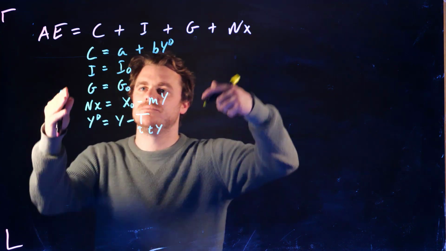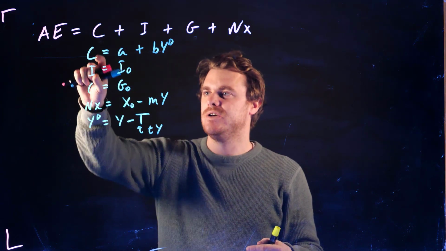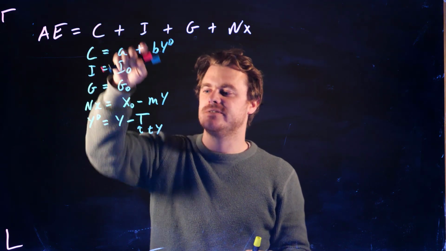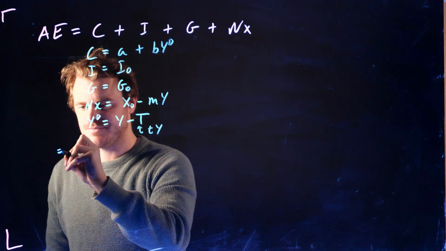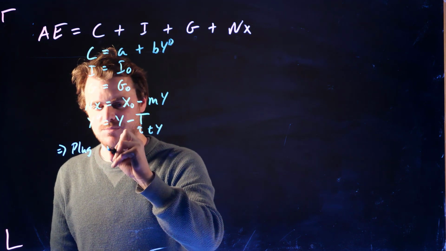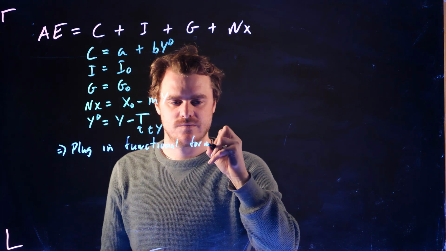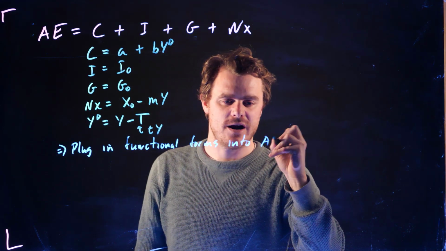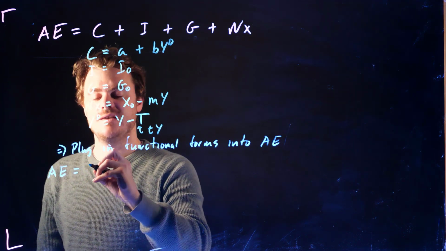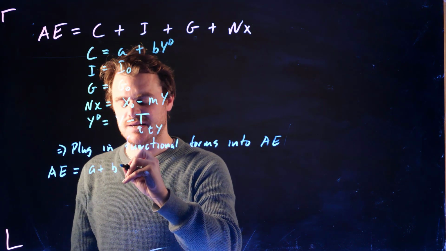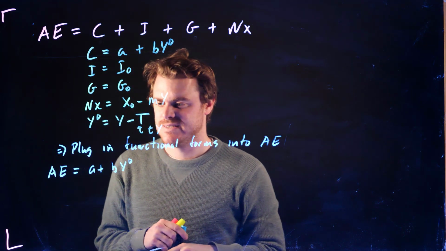All right, so lots of equations, but we're going to do it just like we did last week. We're going to plug in all of these functional forms into our AE function. So now we get AE equals A plus B times YD, and we're going to have to replace YD in a second.